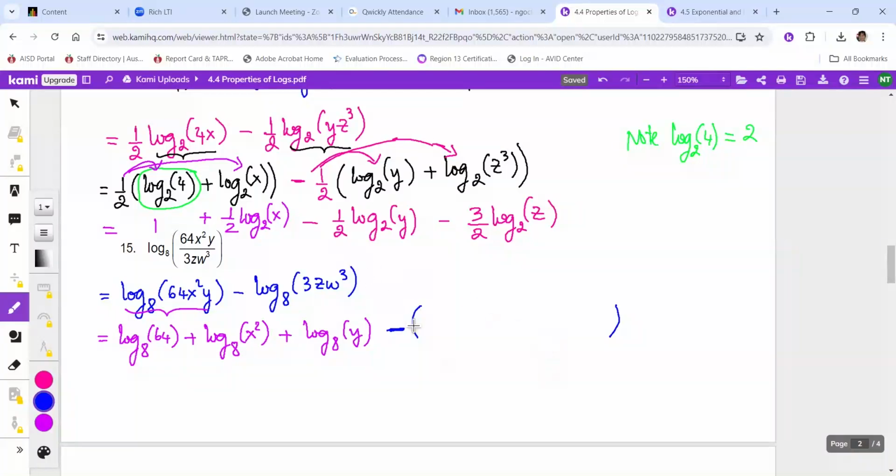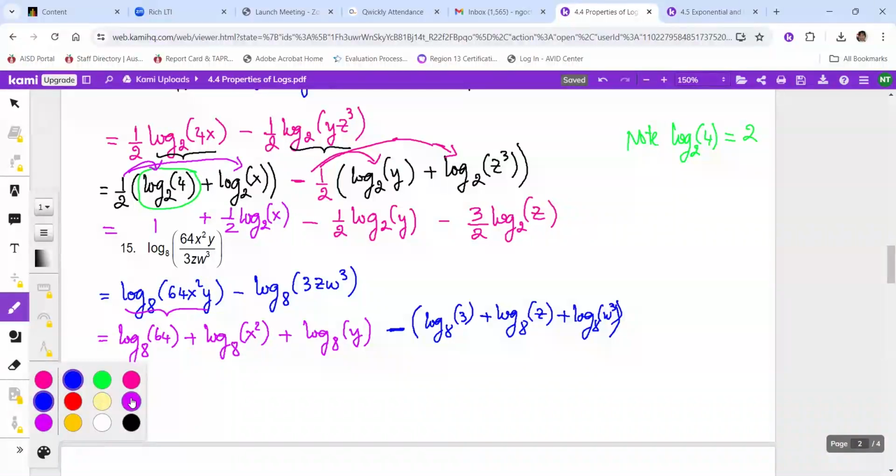So that will give us log base A of 3 plus log base A of z plus log base A of w to the power 3. And then we have to go back and distribute -1 with each one of the 3 terms inside this expression.